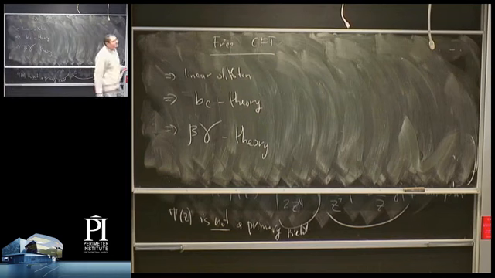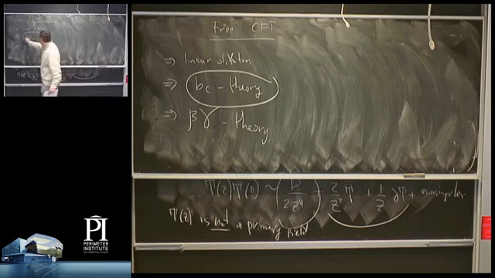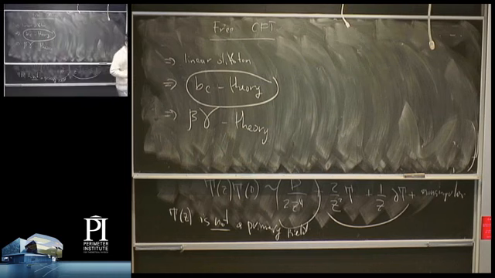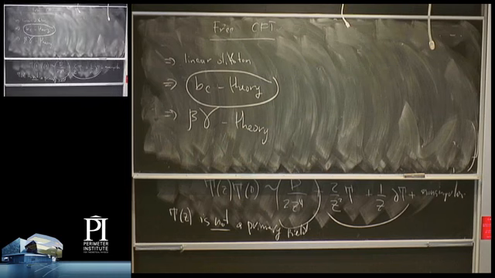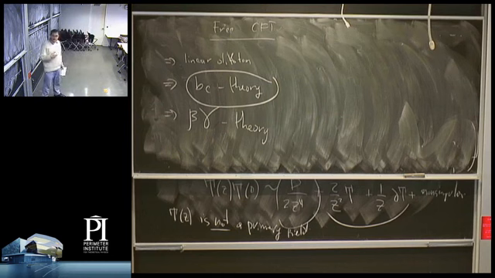It's impossible for me to cover all three of them in a way that you can, in principle, ask questions, because it's an interesting story. So I'm just going to concentrate on this one. The reason I'm concentrating on this one is because this is exactly the conformal field theory that will show up as the CFT of the ghosts in the Polyakov action.